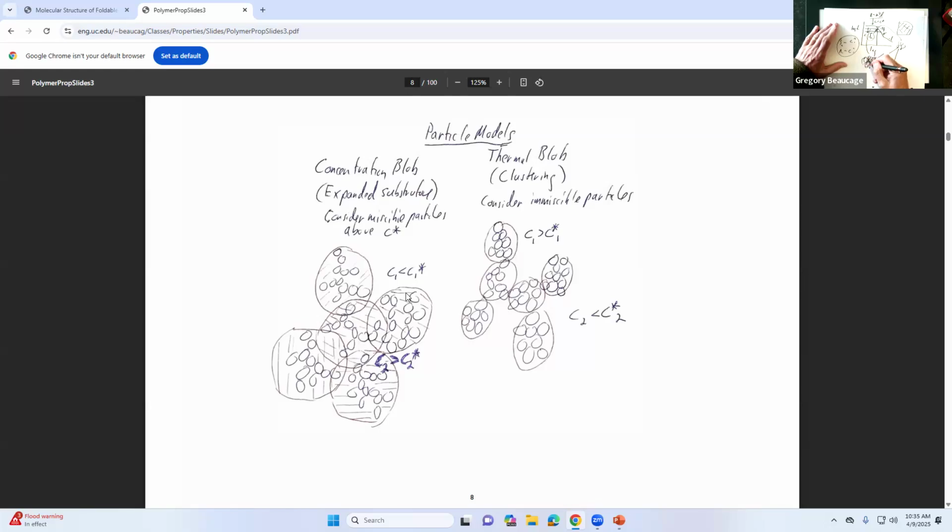I don't have a different color, but one of the chains would be deuterated, so it'd light up. And they just have a mess of the other chains. And then you could see that where you have this blob, you would see the transition.